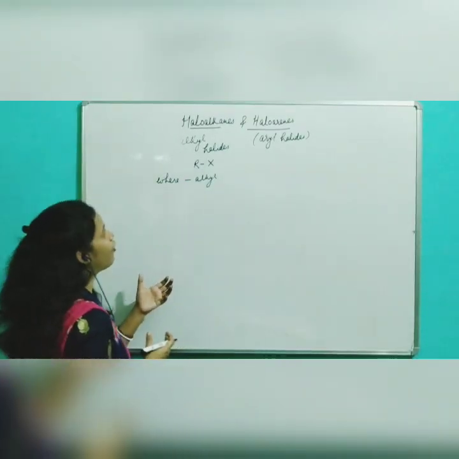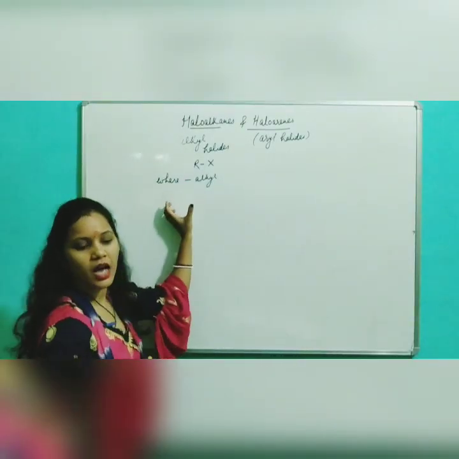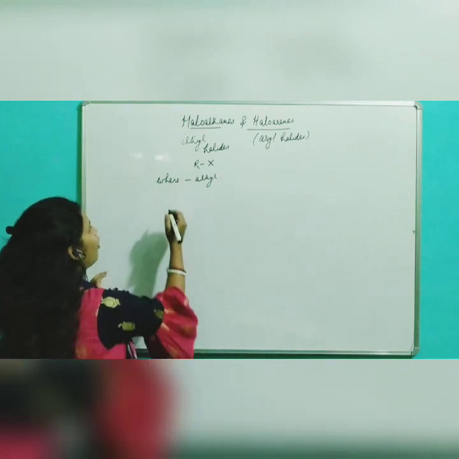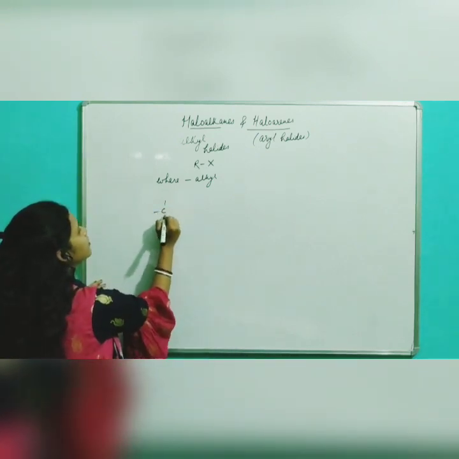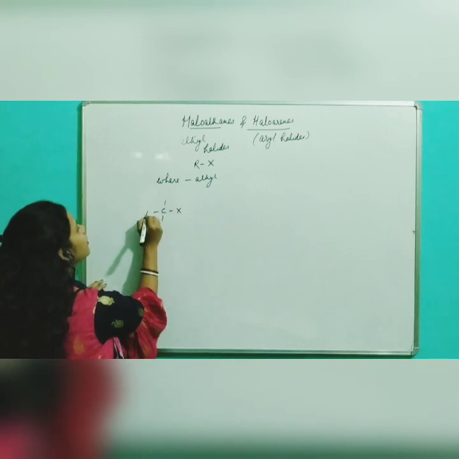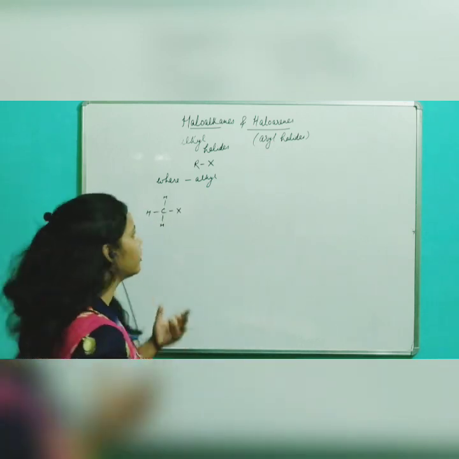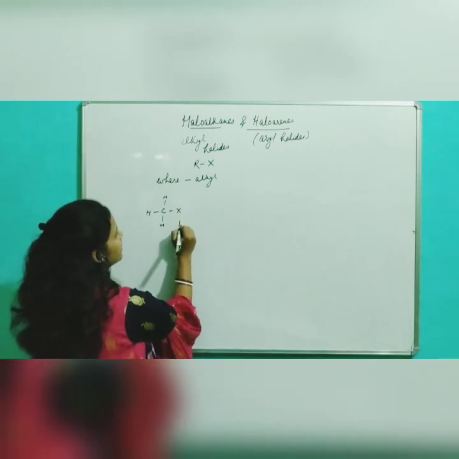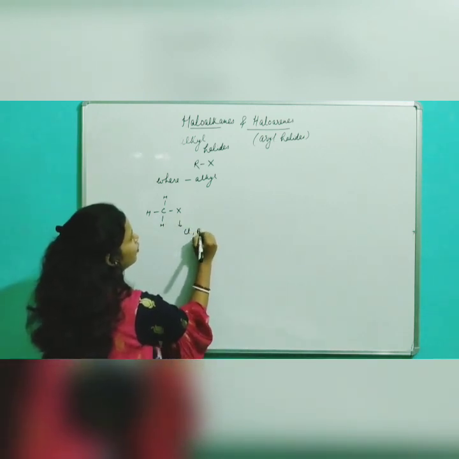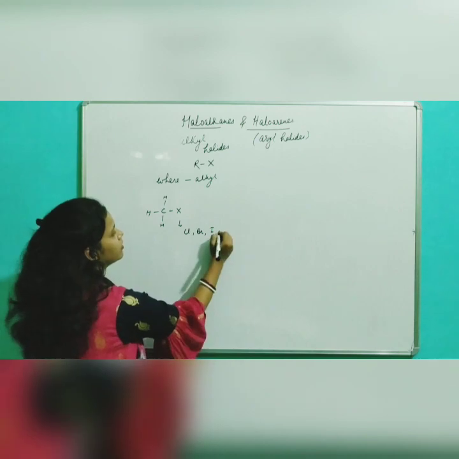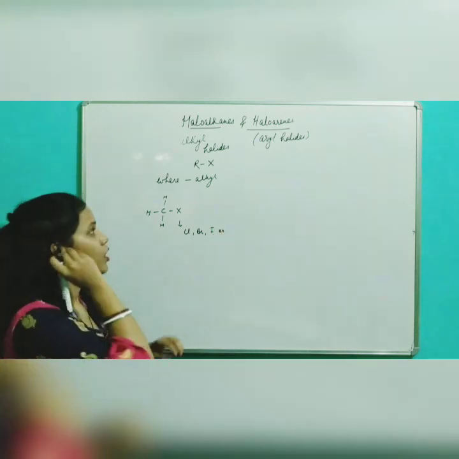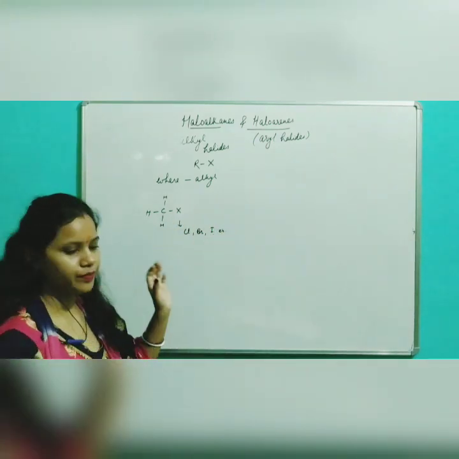So the general form of alkyl halide is RX, or we can also write it as CH3X, where here CH3 is methyl, and X can be chlorine, bromine, iodine and so on. So this is alkyl halide.